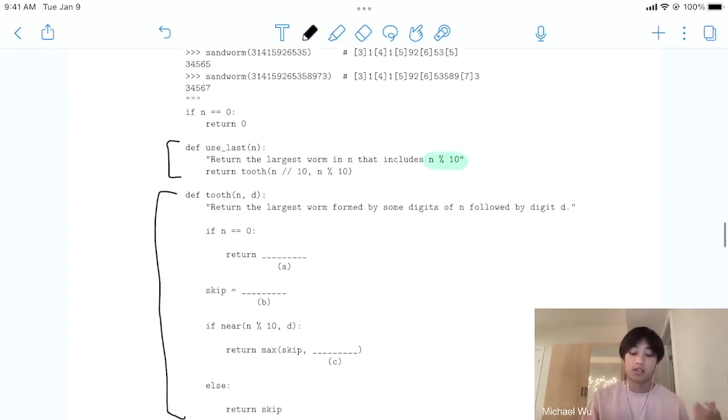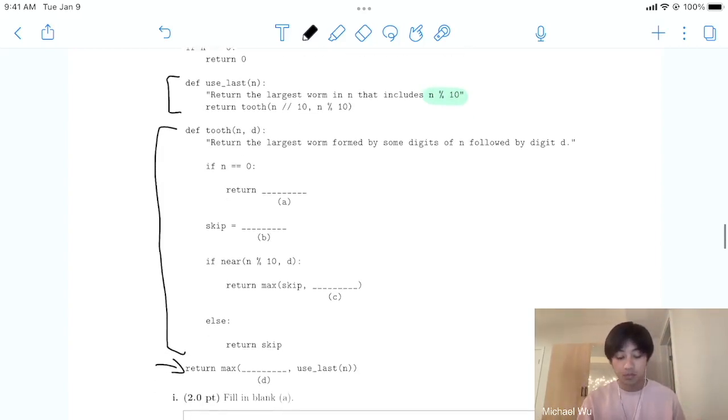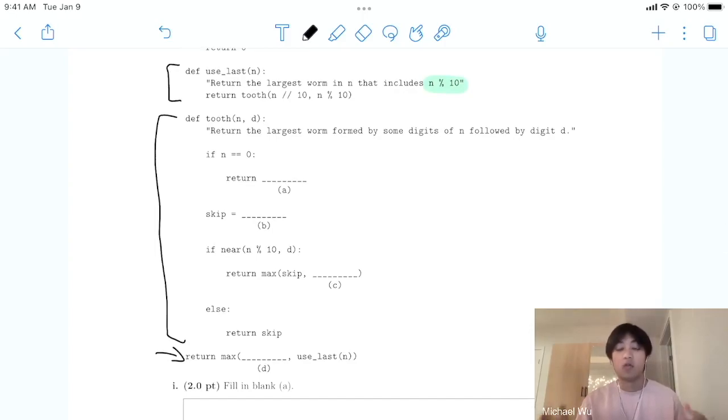One is the largest worm that includes the last digit, and the other is the largest worm that doesn't include the last digit. The bigger of the two is going to be the largest worm overall, because a worm has to either include or not include the last digit. They're mutually exclusive and collectively exhaustive.